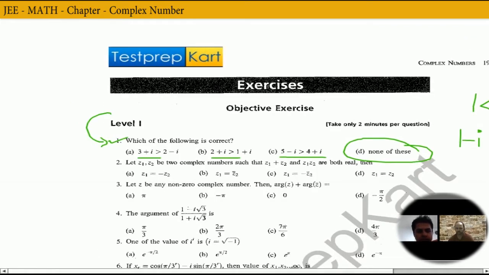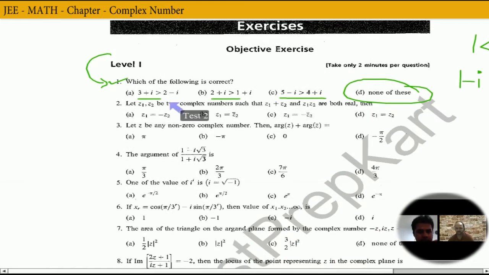The second question says, let Z1 and Z2 be two complex numbers such that Z1 plus Z2 and Z1 Z2 are both real. Then which of these relations holds? There are 4 options.